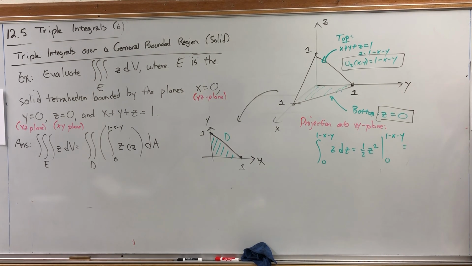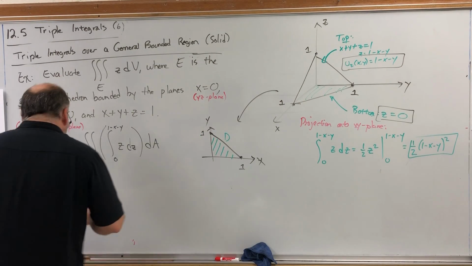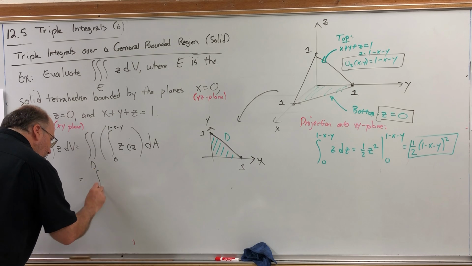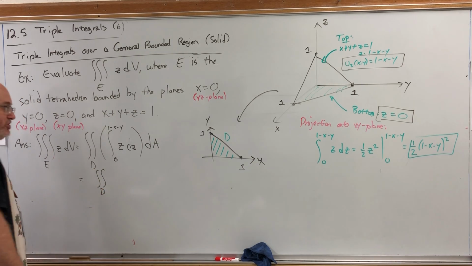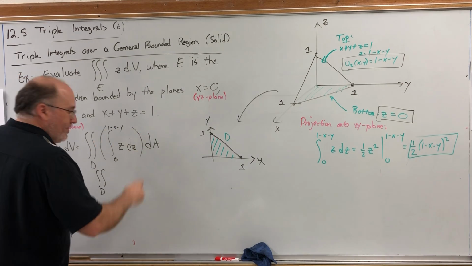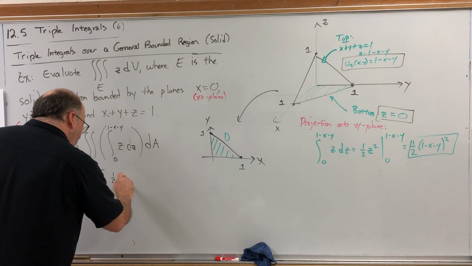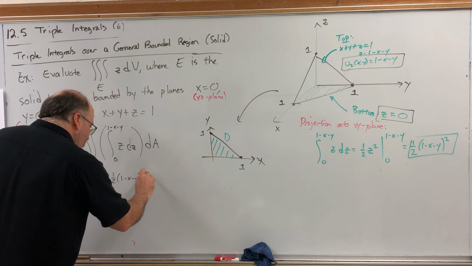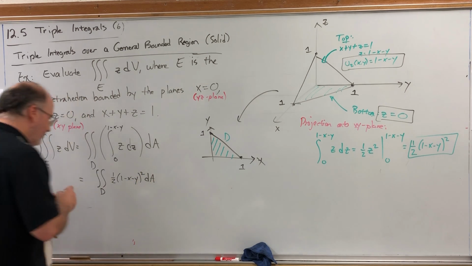So if I substitute 1 minus x minus y for z, I get 1/2 (1 minus x minus y) squared. Minus, if I substitute 0, I get 0. So this is the value of the first integral. So now we're down to the double integral over the region D, the projection of the solid onto the xy plane, of that thing, 1/2 (1 minus x minus y) squared dA.